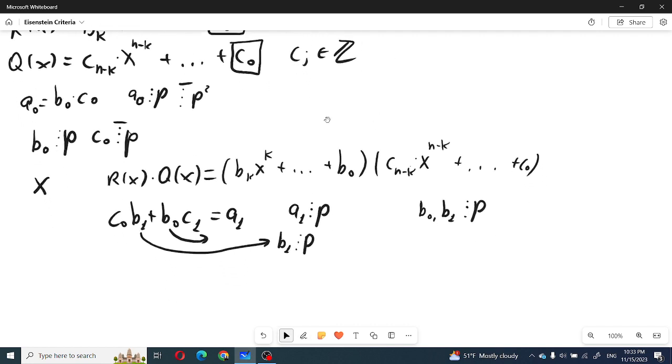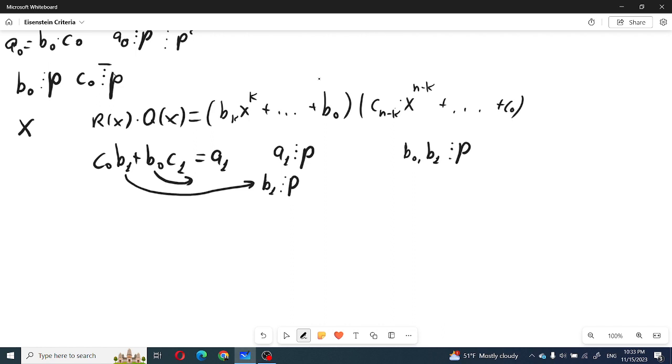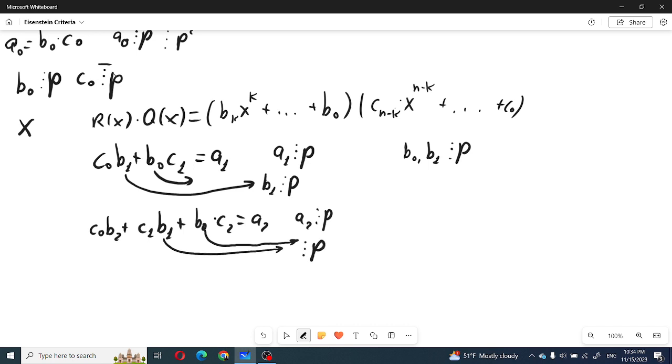Similarly, we can show that b_2 will be a multiple of p, because if we consider the coefficient of x squared, we will get that c_0 times b_2 plus c_1 times b_1 plus b_0 times c_2 equals a_2. a_2 was a multiple of p, b_0 is also a multiple of p, b_1 is also a multiple of p, and we also know that c_0 is not a multiple of p, so we can conclude that b_2 must also be a multiple of p.